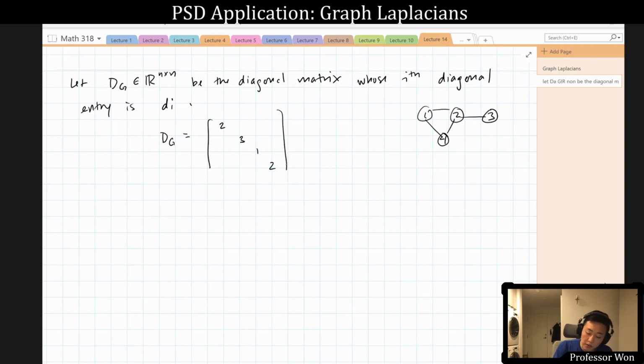Okay, recall also the adjacency matrix is the matrix that records the connections between the different nodes, right?